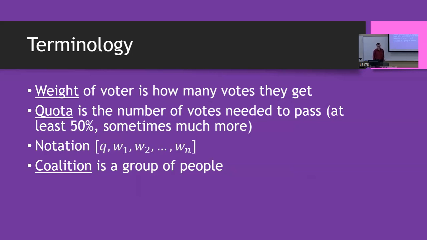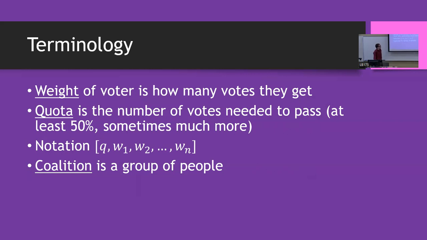You, as a voter, might get a certain number of votes. And we're going to vote in this chapter on a basic yes-no proposition or a pass-fail proposition. So we're only going to be given two options. Yes, no, pass, fail.